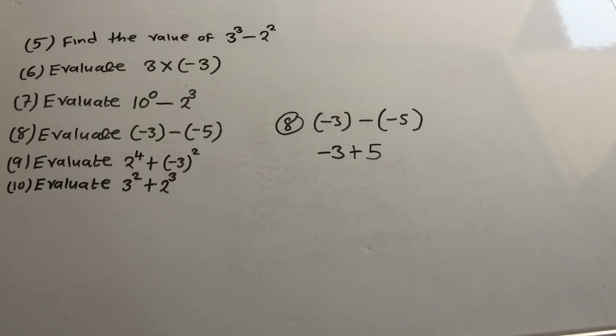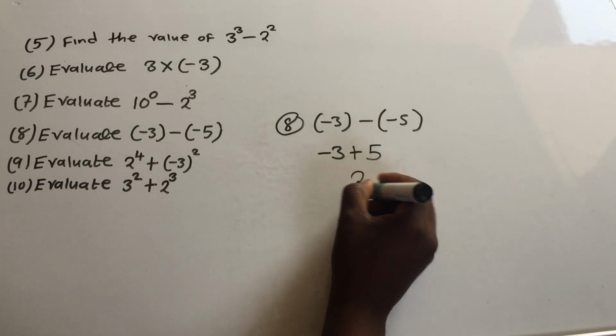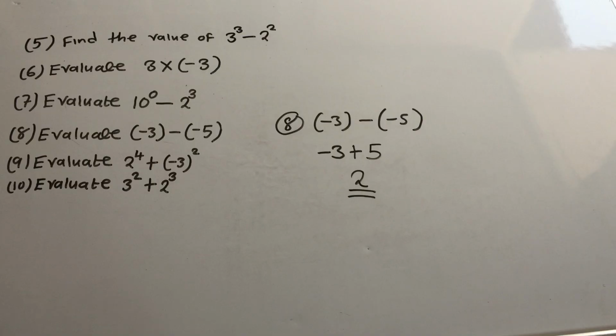Now, have you seen here, there is a negative 3 and a positive 5. You subtract, and you get the sign of the bigger number. The bigger number is positive 5. So the answer is positive 2. It's like 5 minus 3, which is 2.